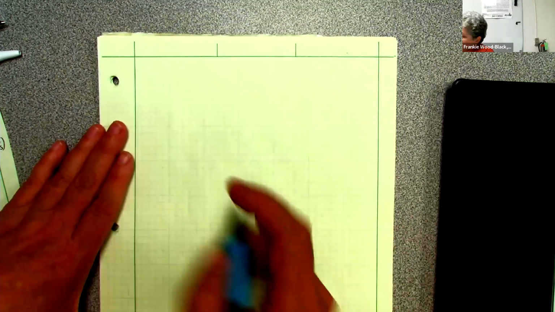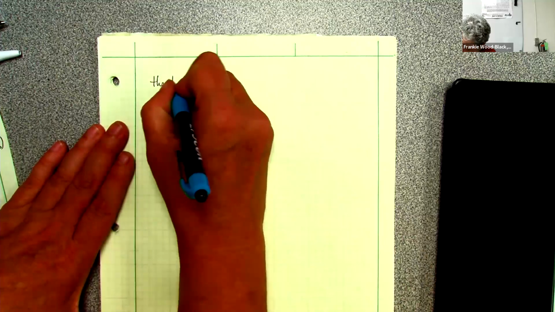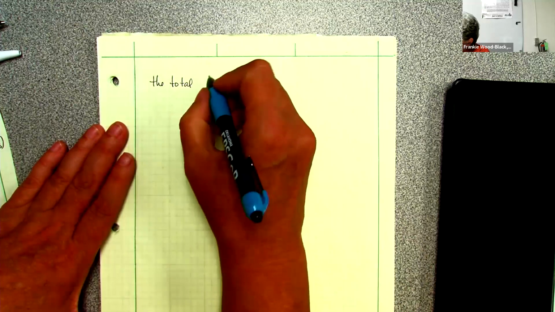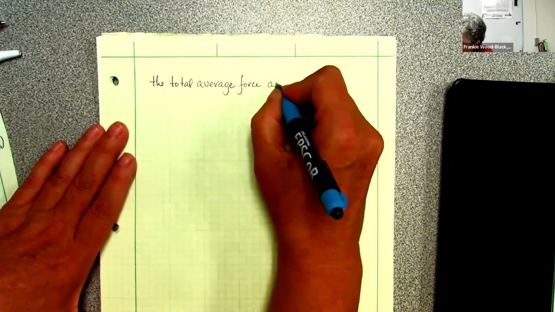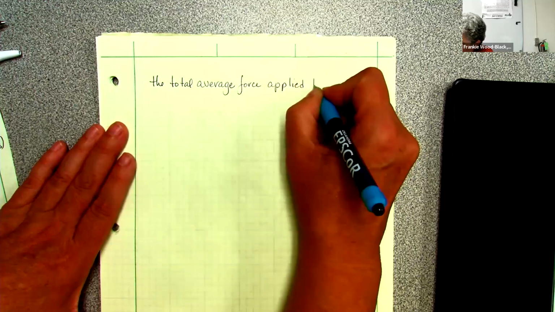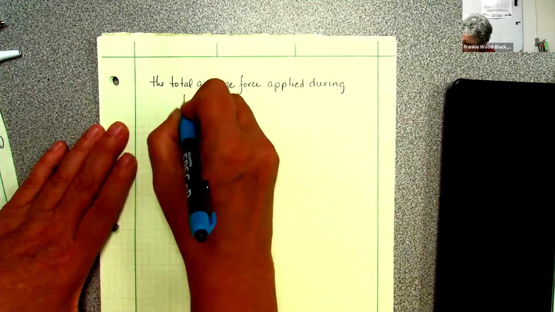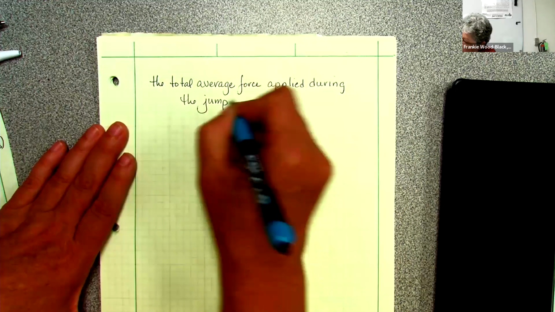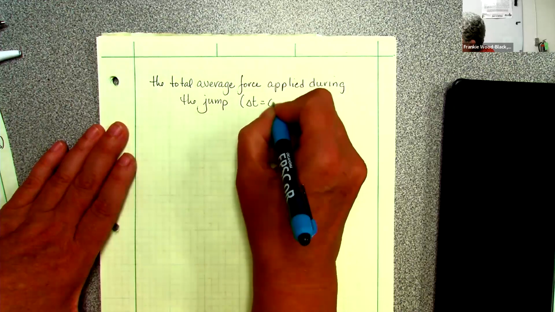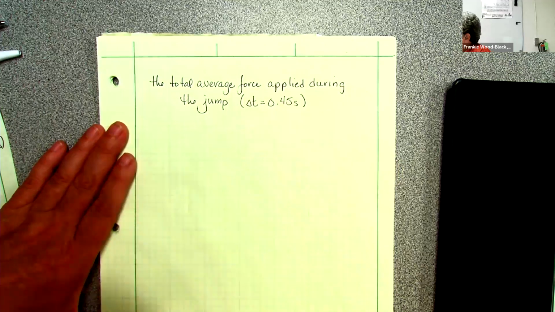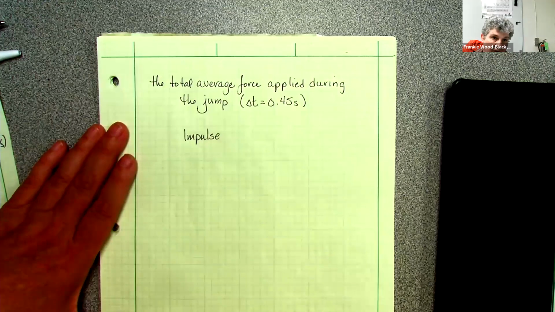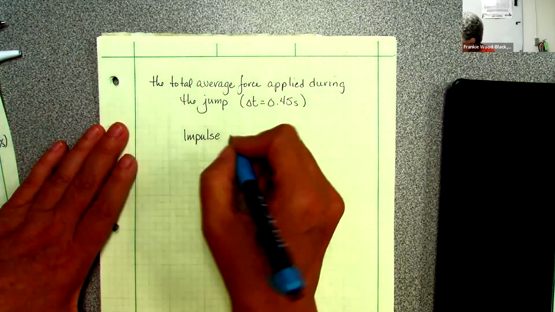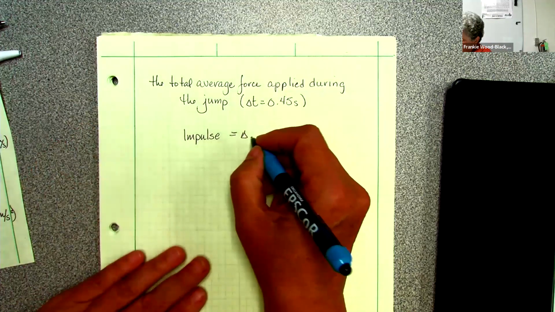So if we want to know the total average force applied during the jump, and we know what the time of that jump is, we can do that because we know that my impulse is equal to my change in momentum.